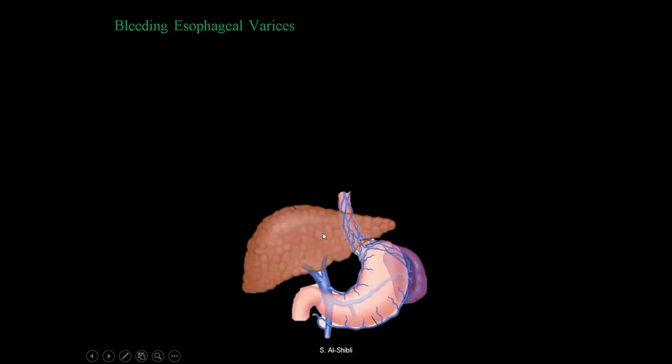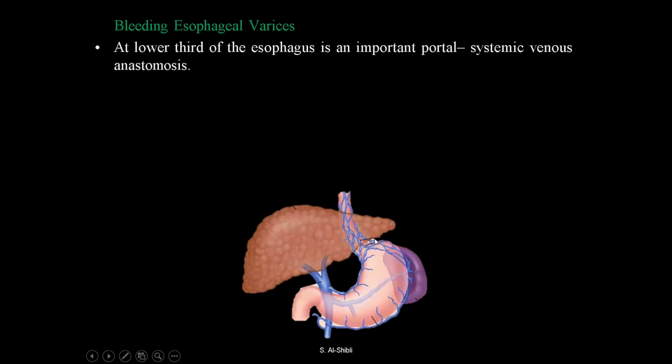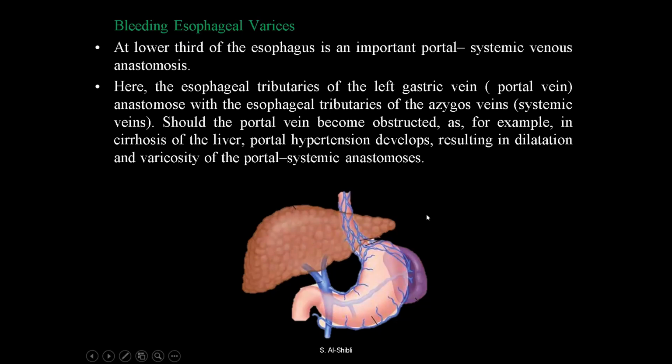Another problem is bleeding esophageal varicose veins. You see, the liver is a little bit cirrhosed, so the blood cannot enter easily into the liver, so it is shifted to the portosystemic anastomosis, mainly at the lower part of the esophagus. At the lower third of the esophagus, as we mentioned, there is an important portosystemic venous anastomosis, and the left gastric branches, which are portal, anastomose with the branches of the azygos, which is systemic.